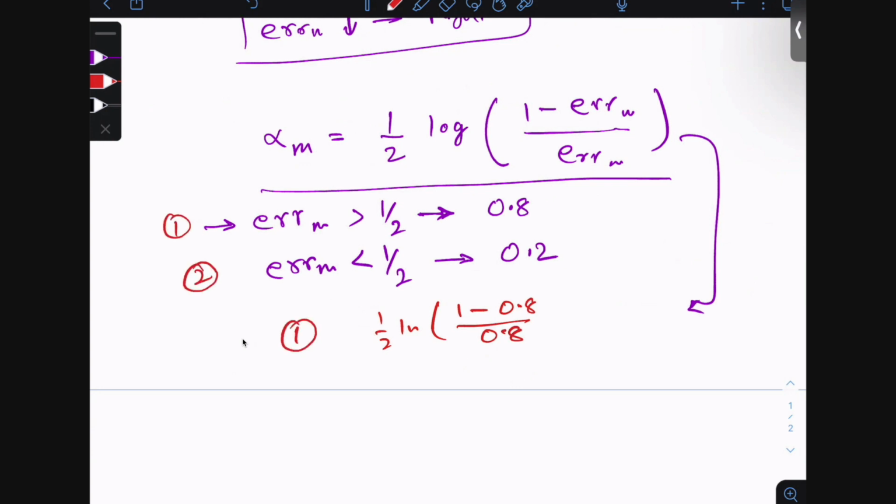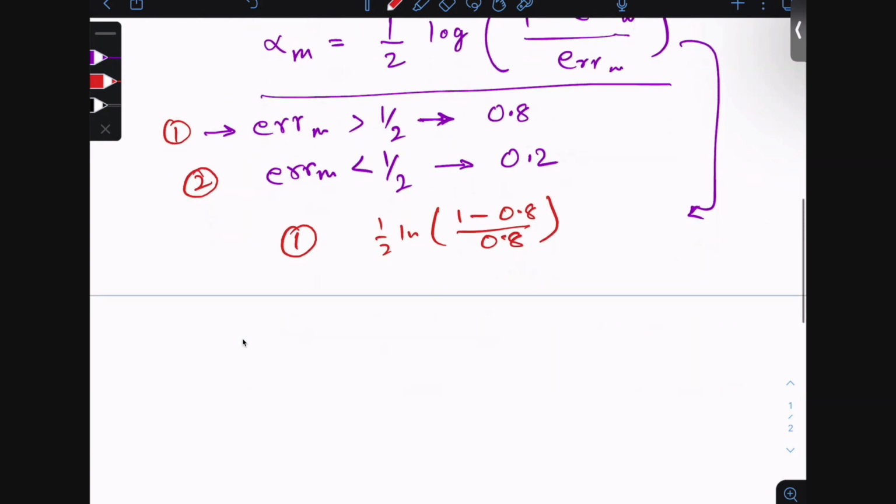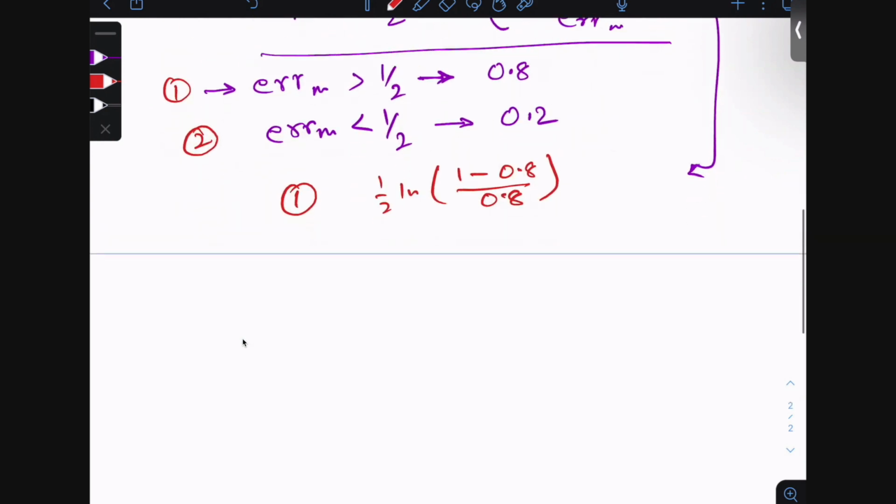This is the first case, this is the second case. We are dealing with the first case. Okay, when the error is 0.8, let's say, what will happen over here? If you see half ln, this will become 0.2 by 0.8, which is the same as half ln 1 by 4, right? Okay, any log of any number which is less than 1.